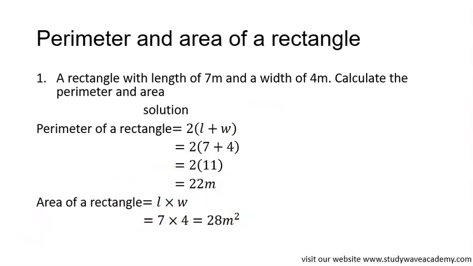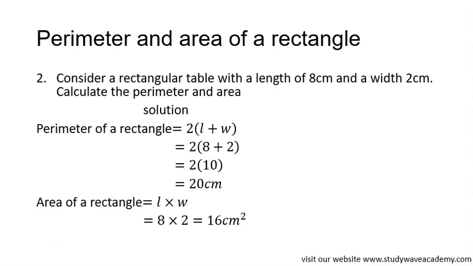Let's look at another example. Consider a rectangular table with a length of 8 cm and a width of 2 cm. Calculate the perimeter and area. The formula to calculate the perimeter of a rectangle is 2 bracket open L plus W bracket close. So L here, which is the length, we have 8 cm, and the width we have 2 cm.